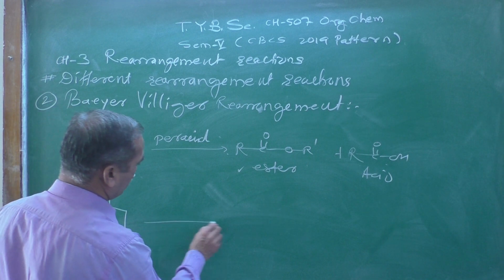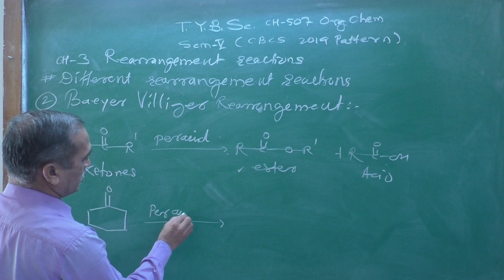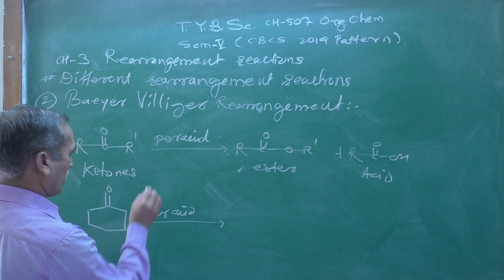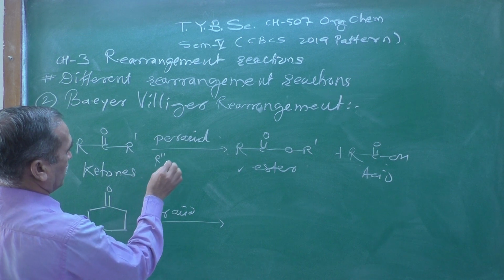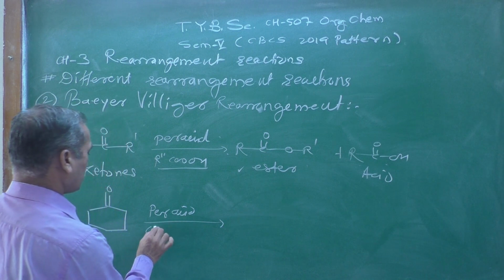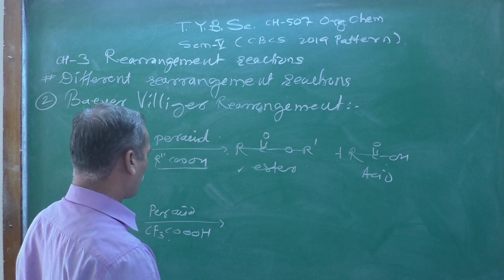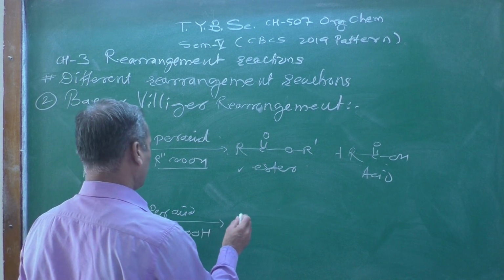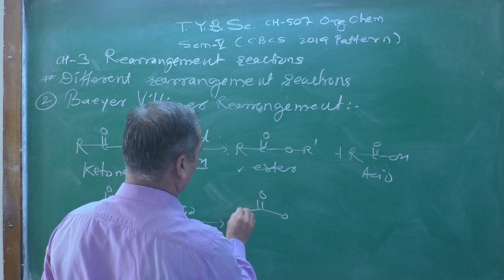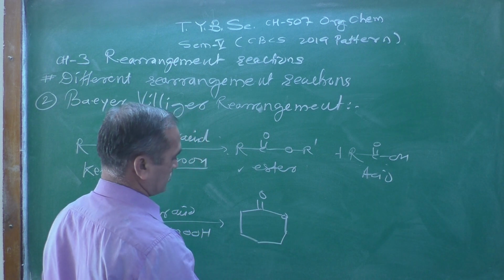With that cyclic form, once again if you use a peracid here, maybe RC double bond OOH, generally CF3COOOH, trifluoroperacetic acid, the product formed will be this one, C double bond O, and a ring expansion takes place like this.